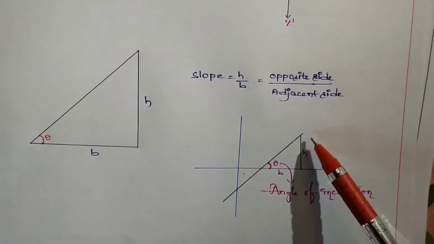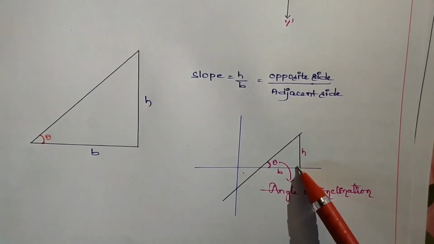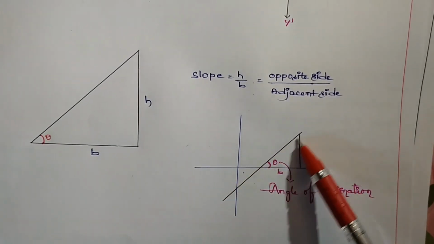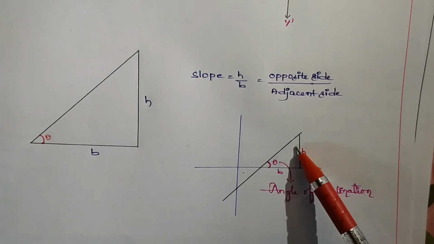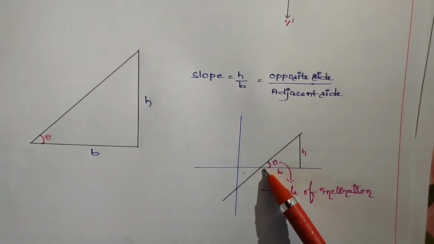Slope of this straight line, this is the slope, is nothing but the tangent of its inclination.